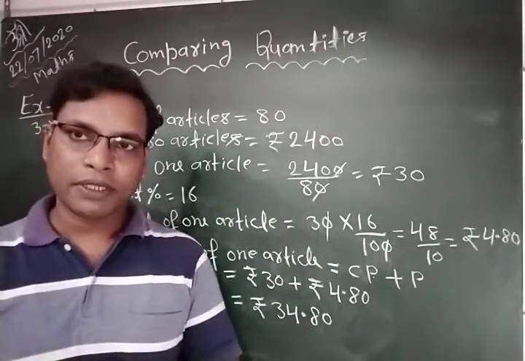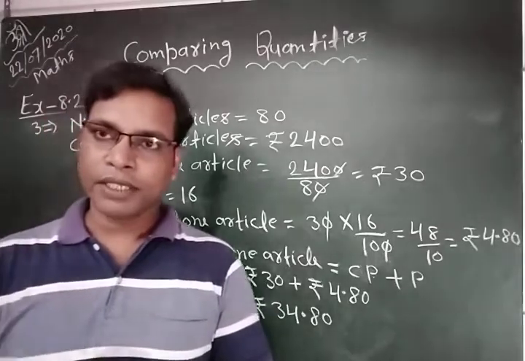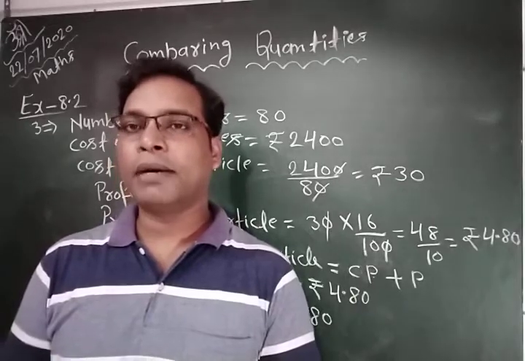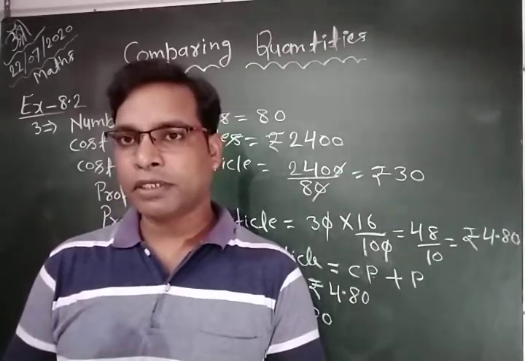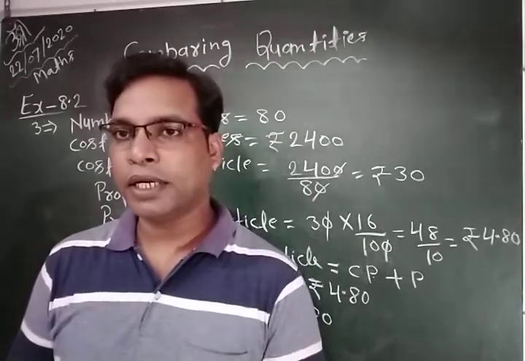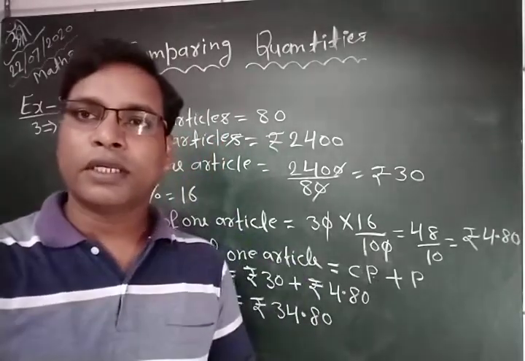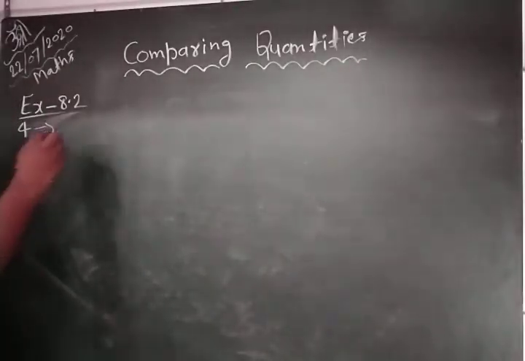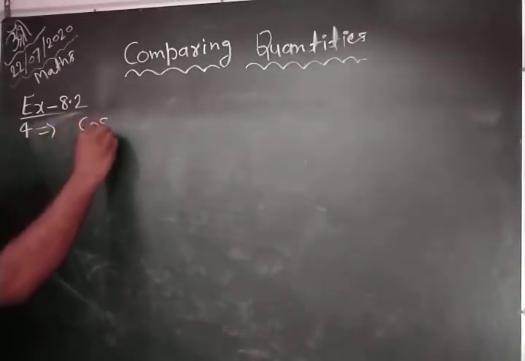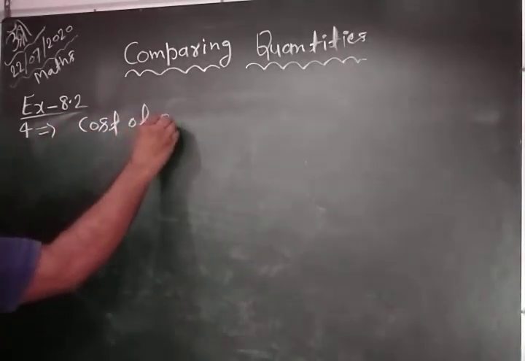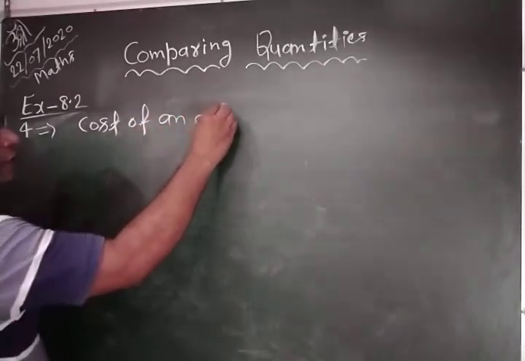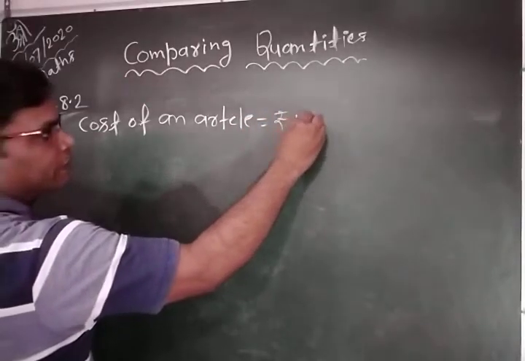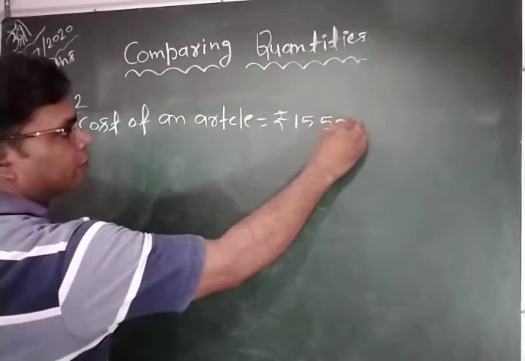This is the total cost price of the article, and the profit is given as 15%. Then you find the profit on the cost price. What is the cost price? The cost price is 15,950 rupees. After this we add cost price plus profit, then you obtain the selling price of the article. So let's see how to solve this question. Here the cost of an article is equal to rupees 15,500.